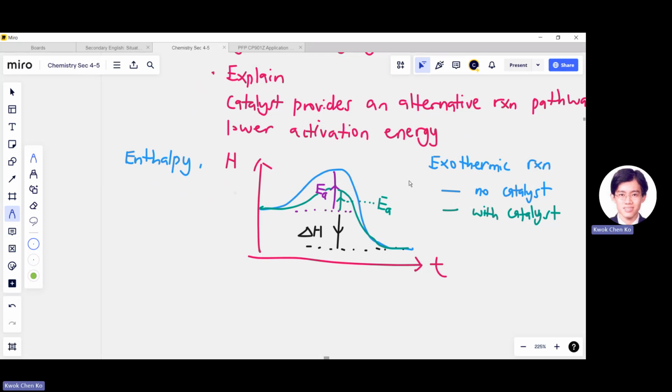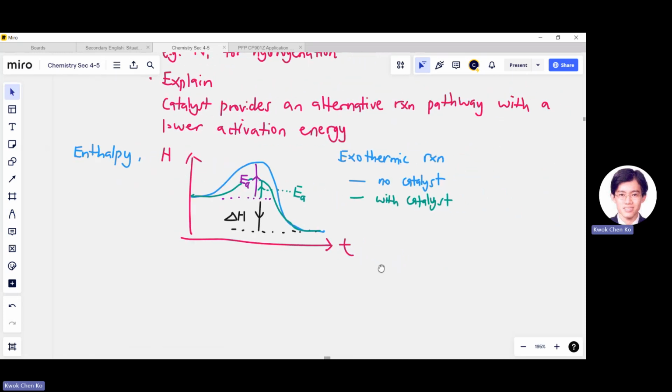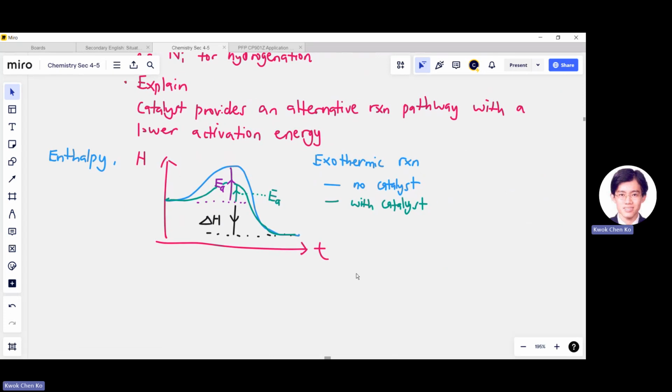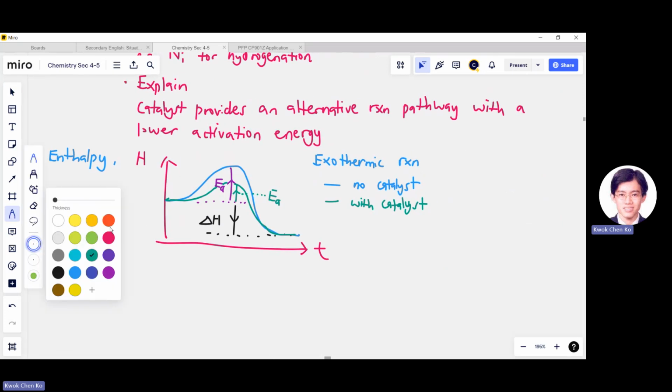That's all they need. So make sure your graph shows these few things. No catalyst, higher activation energy.